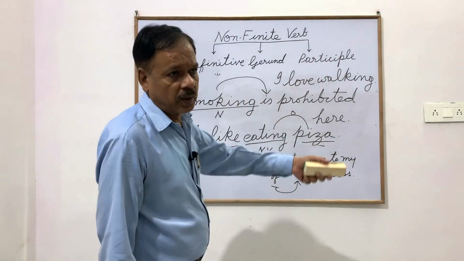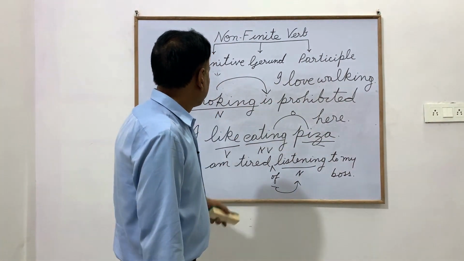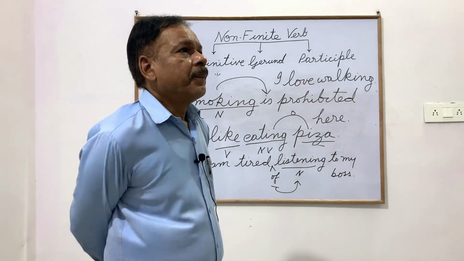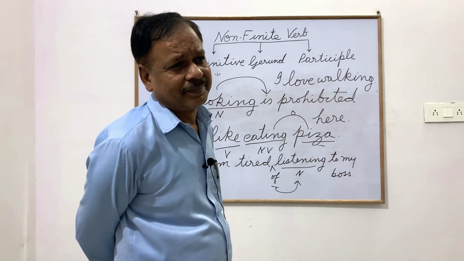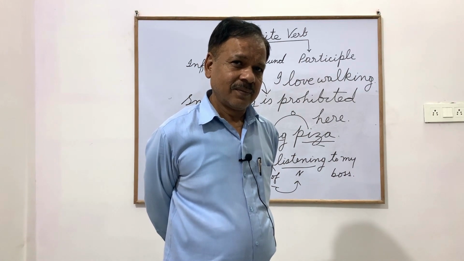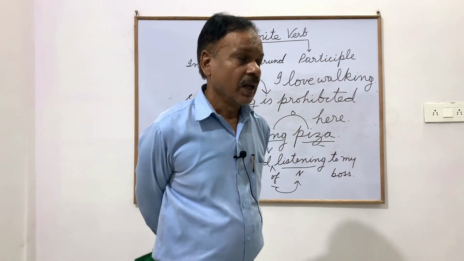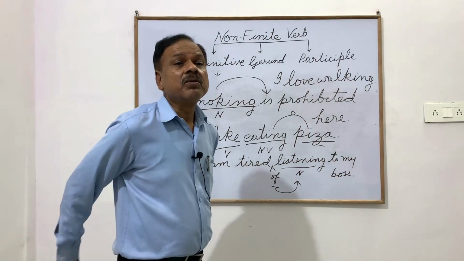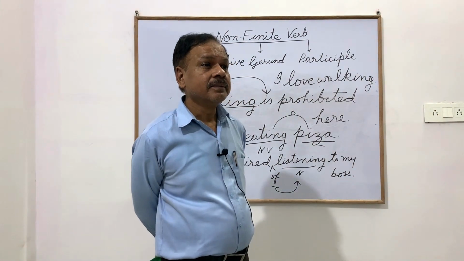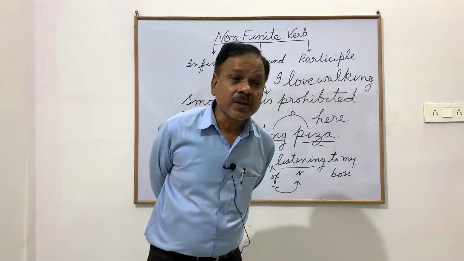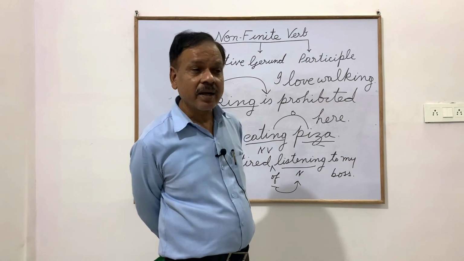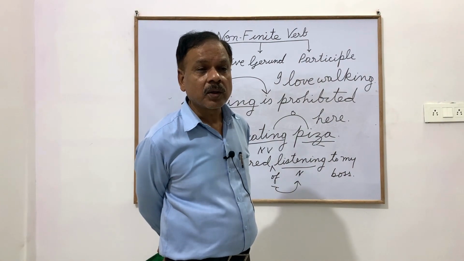Now I'm giving you some other verbs. Suppose you say, reading interests me. Reading books interests me. So here, interests is the verb. And now preposition, I am interested in batting. I'm not interested in bowling. I'm interested in batting. So batting is what? Gerund. Object of the preposition in.